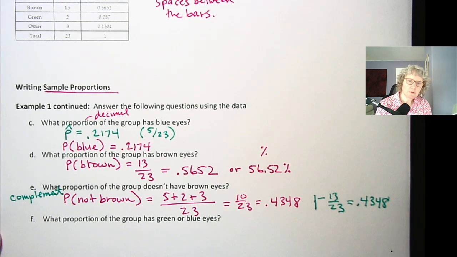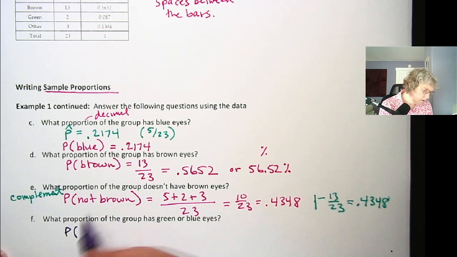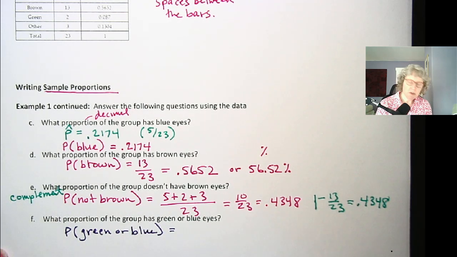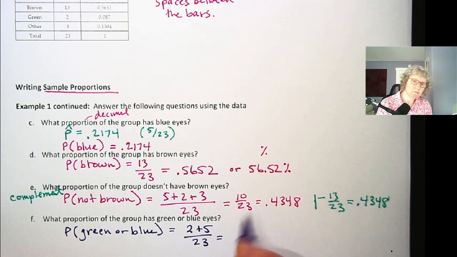What proportion of the group has green or blue eyes? Switch colors. Probability, I'm going to write this as green or blue. It could be one or the other, so we're going to add those together. How many people had either green or blue eyes is 2 plus 5 out of 23.